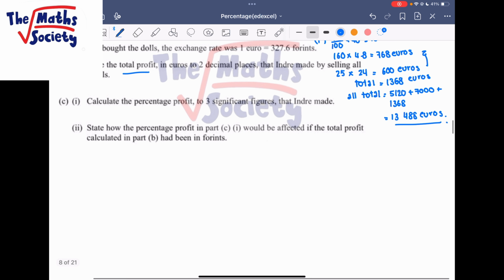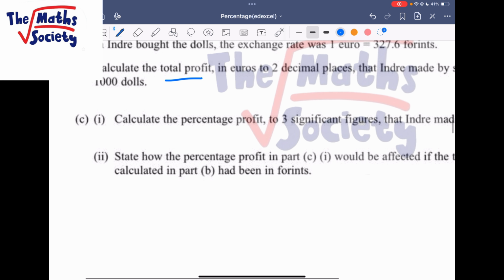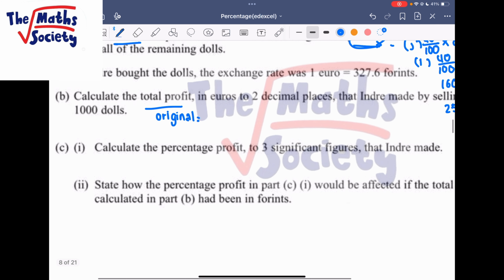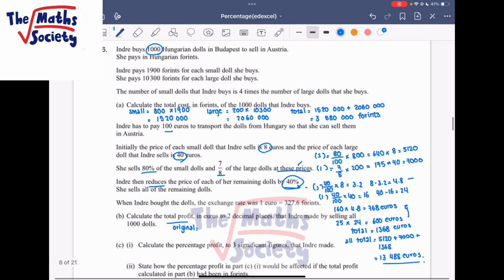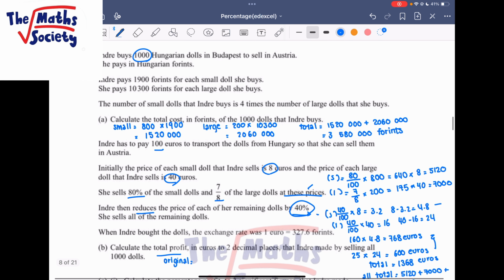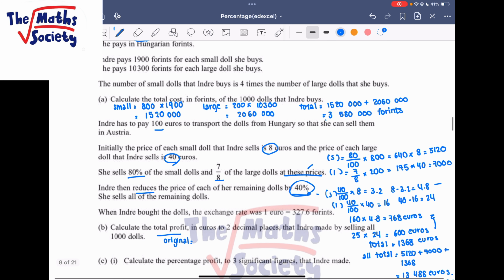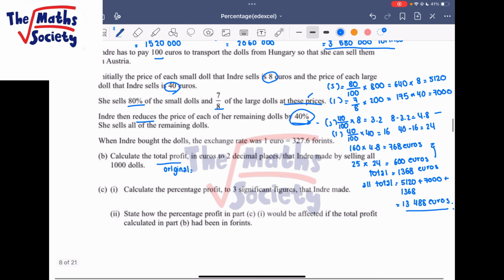So we need to know how much is the original euros first, right? So for the original, the amount that she bought was, let me have a look. She was getting 3,580,000 forints. So then we need to know how much she made in euros.